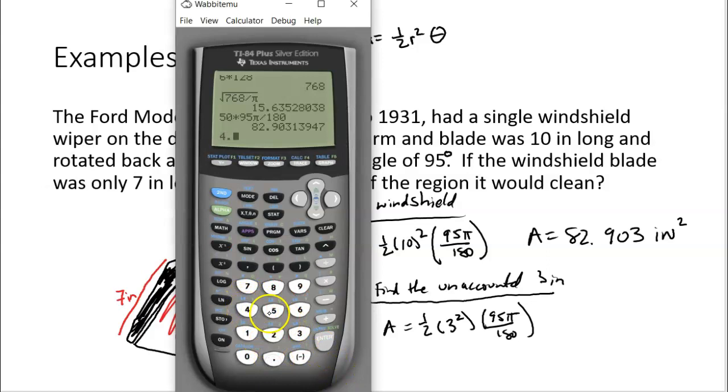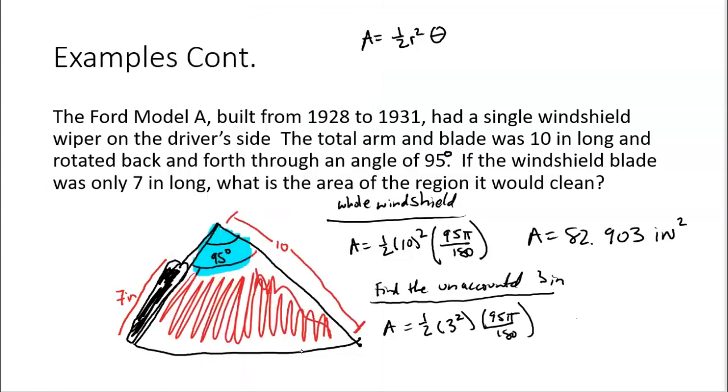So 4.5 times 95 pi over 180 gives me that little unincorporated area as about 7.46 inches squared.